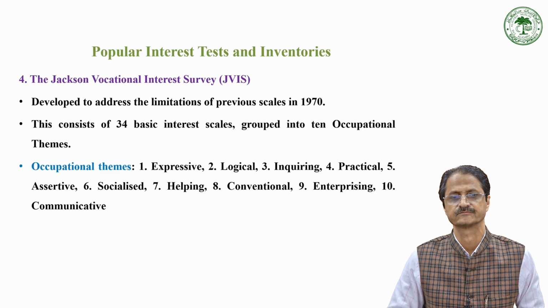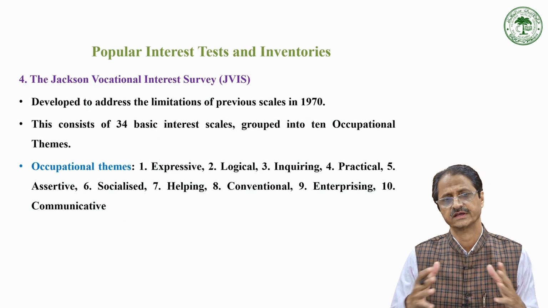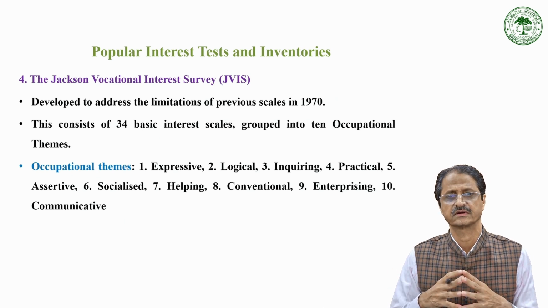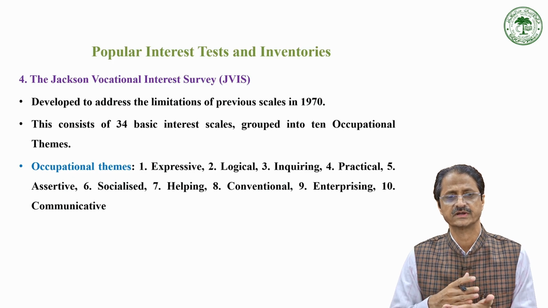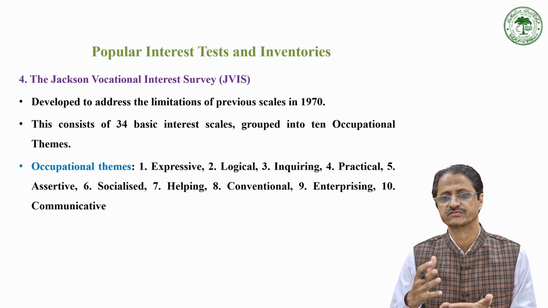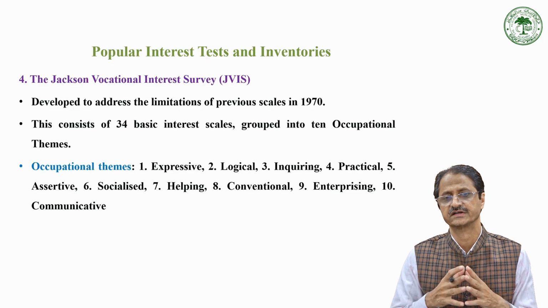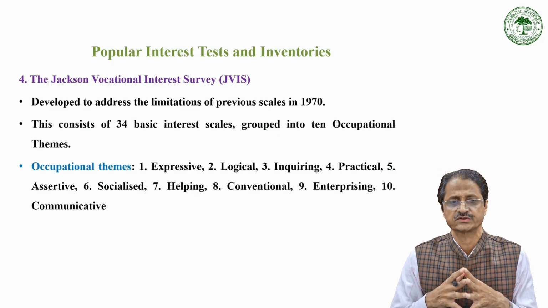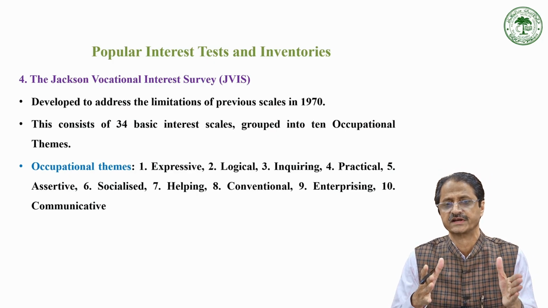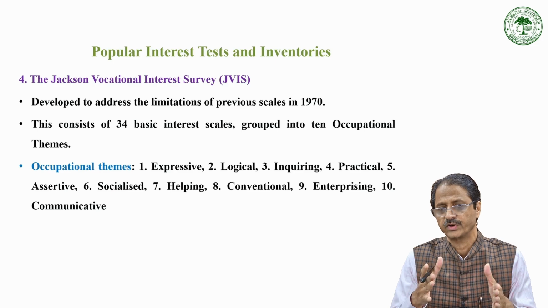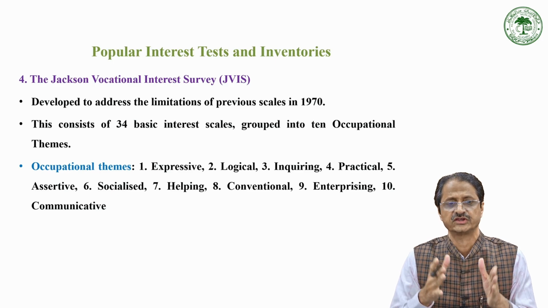The Jackson Vocational Interest Survey is the fourth one in the series of inventories to evaluate the interest of the student. It was developed to address the limitations of the previous scales in 1970. This consists of 34 basic interest scales grouped into 10 occupational themes.